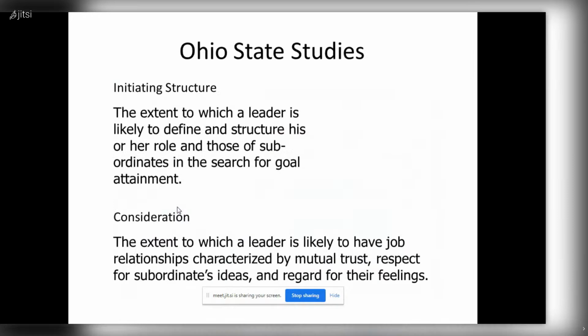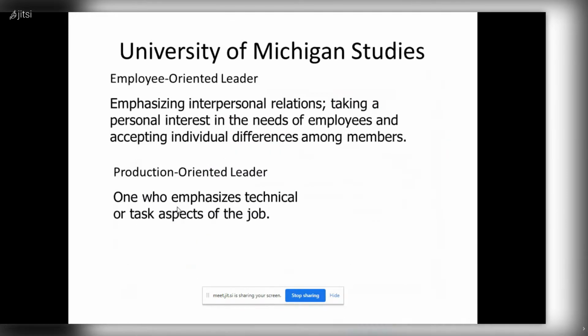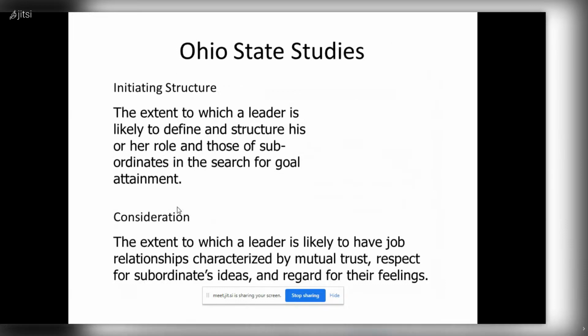In that, if you observe the Ohio State studies, the Ohio State studies identified two important dimensions of the leader's behavior. One is initiating structure, and the second one is consideration.